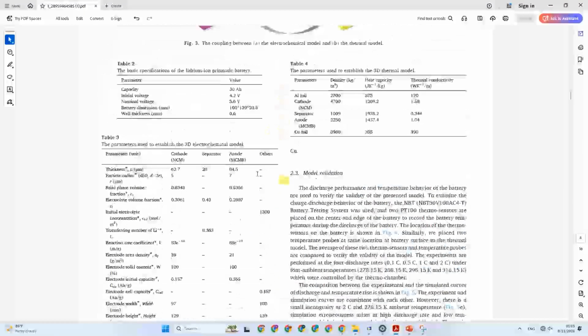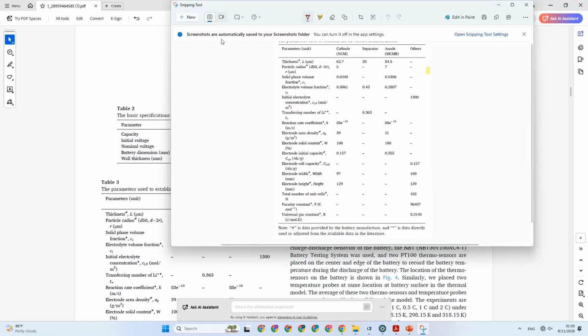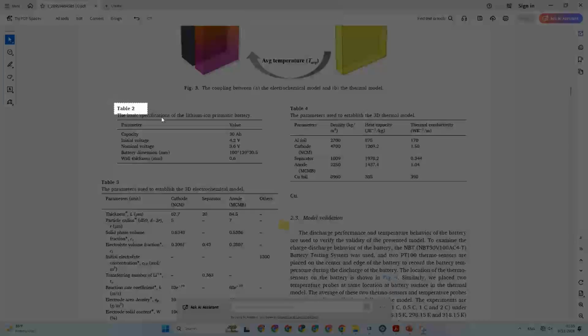I just continue. This is the basic specifications, and I bring a new table.